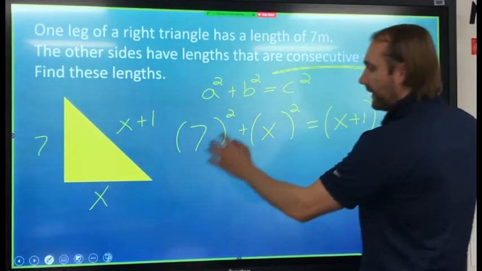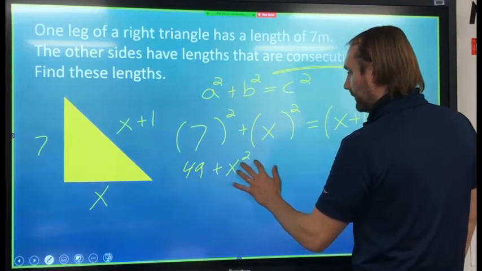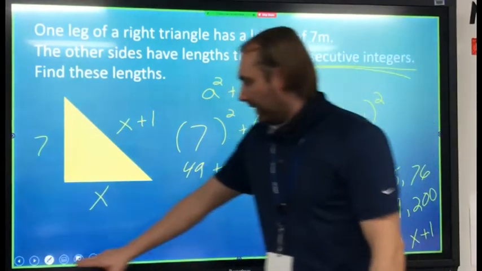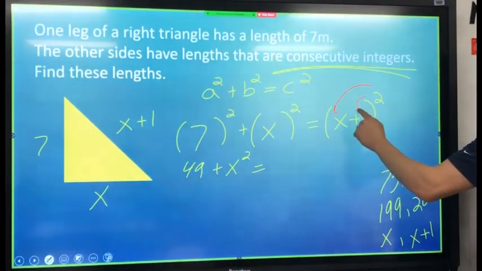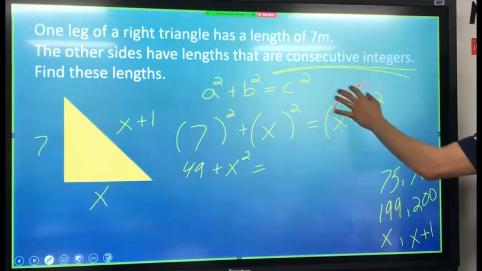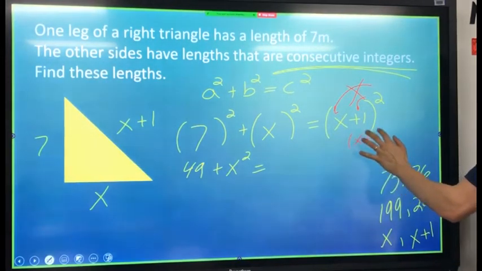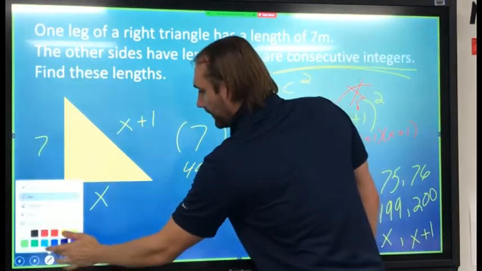So 7 squared is 49 plus x squared equals... please do not do this. As a reminder, don't distribute the square like so. That's a big no. Rewrite this as x plus 1 times x plus 1 and then distribute properly.